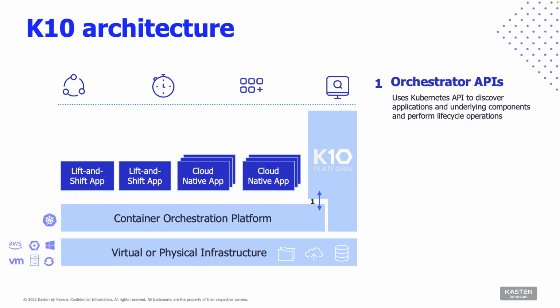Once you have downloaded Kasten, it will install as containers. It sits on top of your Kubernetes platform. Once you have installed it, we will be able to talk to the Kubernetes API and discover those applications, and also all the components in your environment.